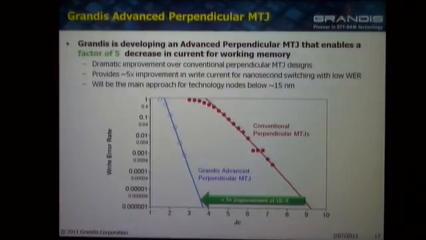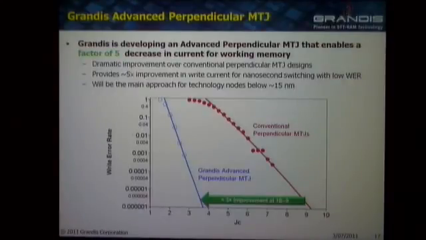And finally, I wanted to give a quick taste. We're going to be presenting more on this at an IEEE memory workshop in May in Monterey. But we have a new structure for perpendicular, which has some very interesting characteristics. I think the previous speaker was mentioning that in order to get low write error rates, this is the write error rate going down to about 10 to the minus 6 here.